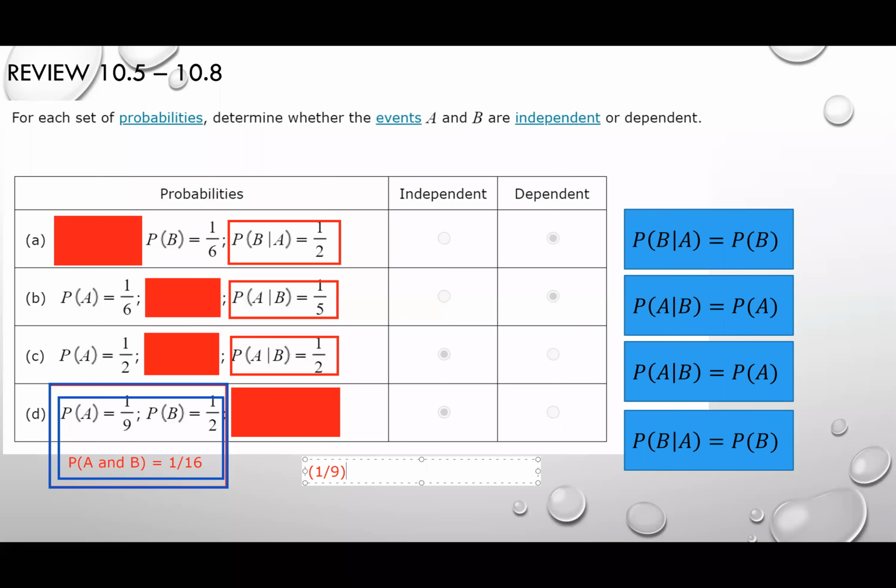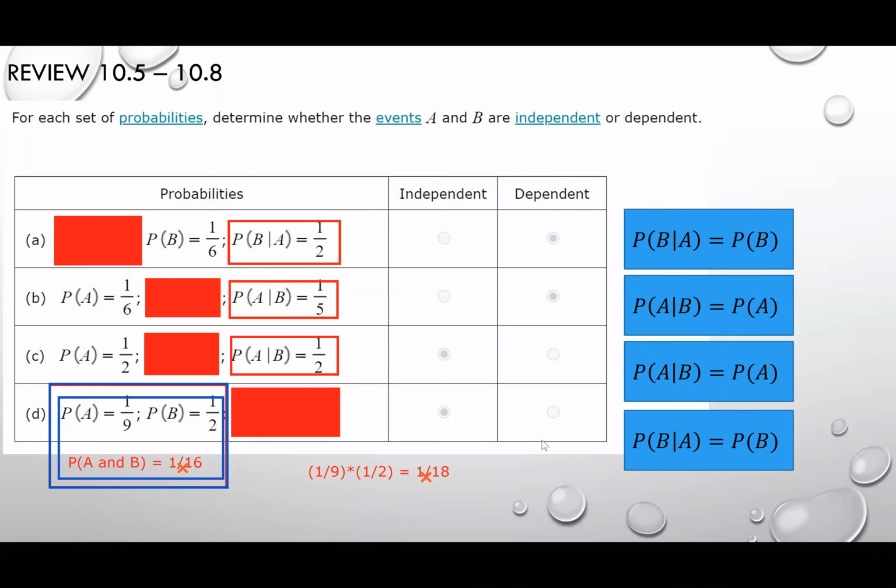1/9 multiplied by 1/2. If you multiply this, 1 times 1 is 1, 2 times 9 is 18. So you can see that this product is 1 over 18, and 1 over 18 is not equal to that, right? This item and this item are not the same. And if it's not the same, then we say that they are dependent.